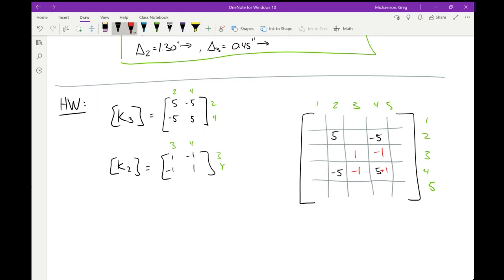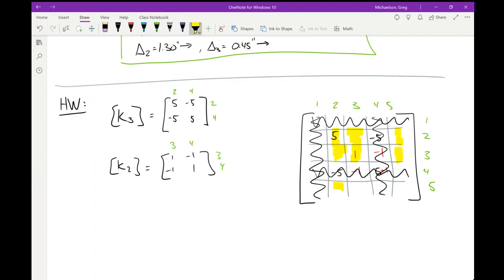Now, as for the boundary conditions, for this problem, you eliminate rows and columns 1 and 4, right? So all you do is take those cells that are left over and collect them into a KR.